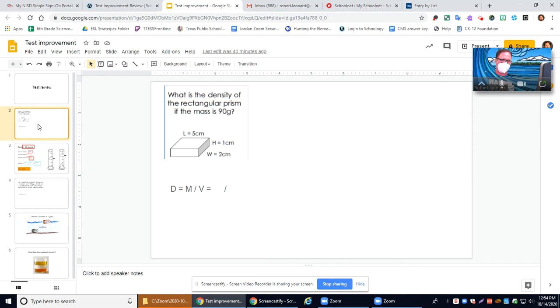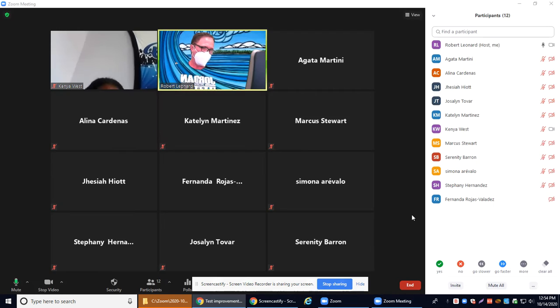So number one, it says, what is the density of the rectangular, I'm going to call that cube, if the mass of the cube is 90 grams? You'll see that the length of the cube is 5 centimeters, the height is 1 centimeter, the width is 2 centimeters. Then from there, we need to calculate density. So let's go ahead and draw it out in our science spirals.